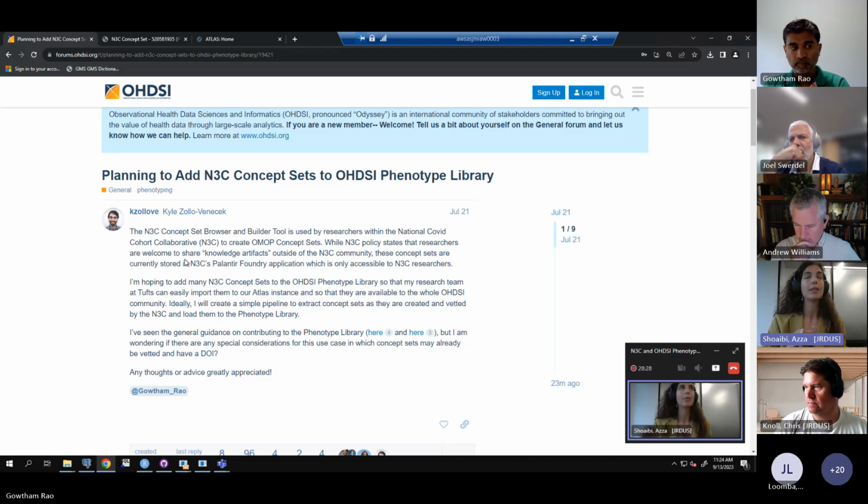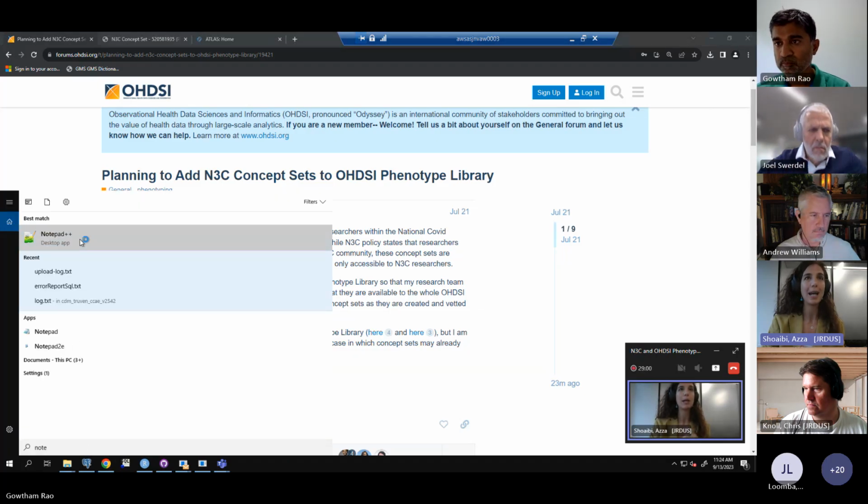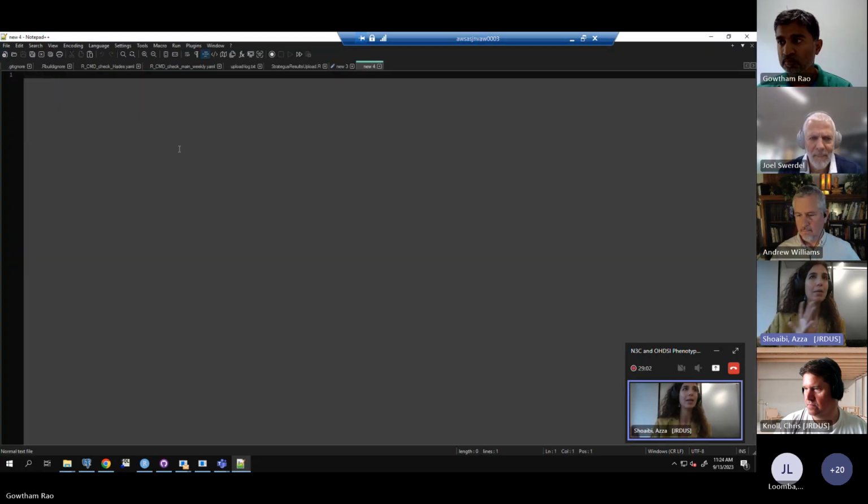Are we aiming to have those in the OHDSI Phenotype Library with their metadata, or with the solution where the JSONs are in the OHDSI library, so people can access and use those concept sets, and then we reference the material and all the metadata related to those concepts, where people can access them inside N3C, whatever N3C wants to put in the public?